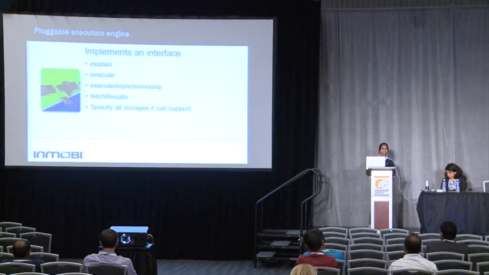And maybe the JDBC driver would say that I support columnar DWH, and also Redshift, if Redshift works on JDBC, right? Or MySQL or Postgres. So each driver would say what all the storages it can support. If there is a new driver which can support all of them, then that driver can be used to run all the queries.